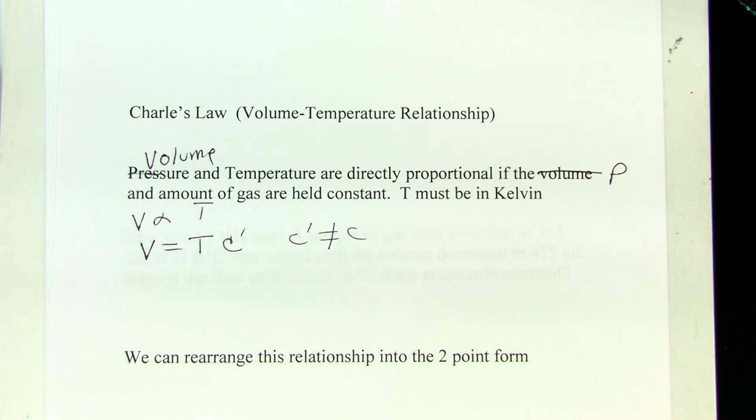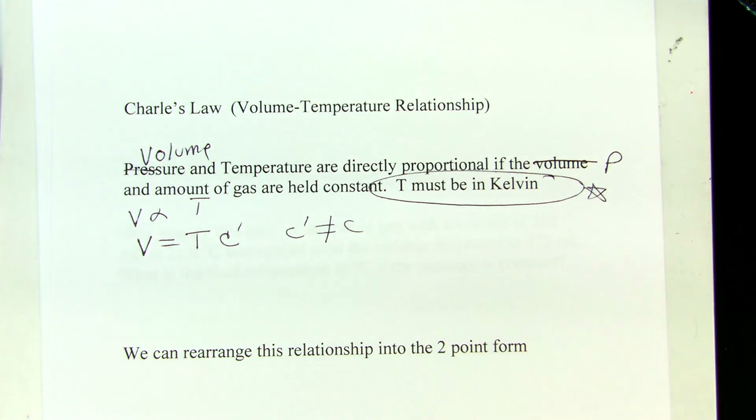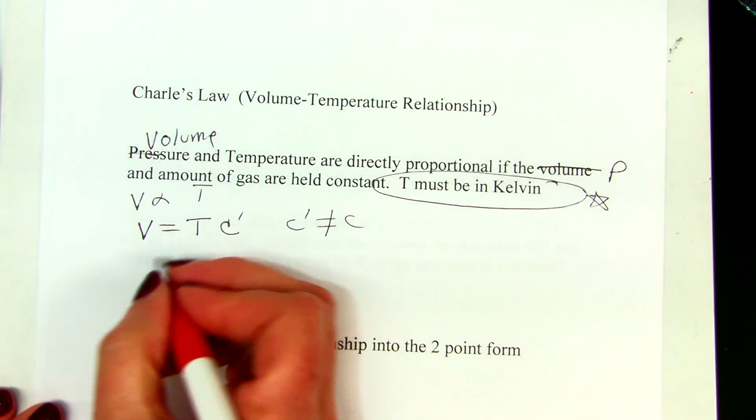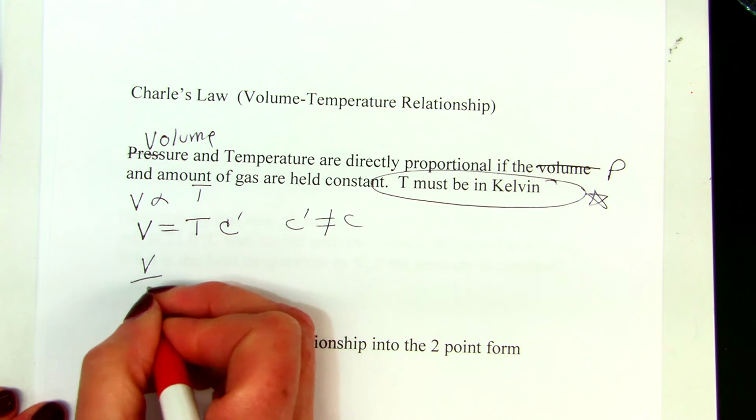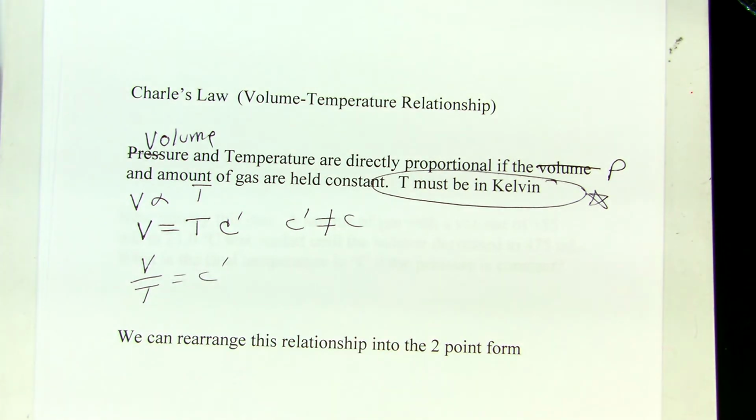So you don't ever want to plug in a Celsius temperature. It must be converted to Kelvin before you plug anything in. And now we can rearrange this to say that the volume divided by the temperature is equal to the Charles law constant, C prime.